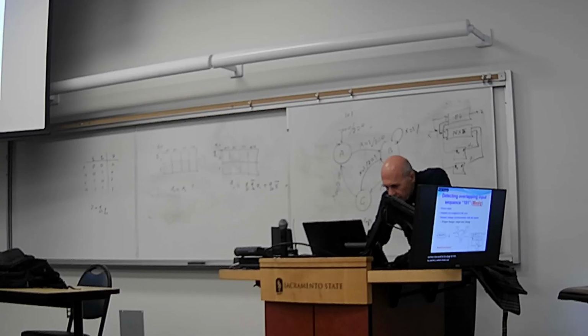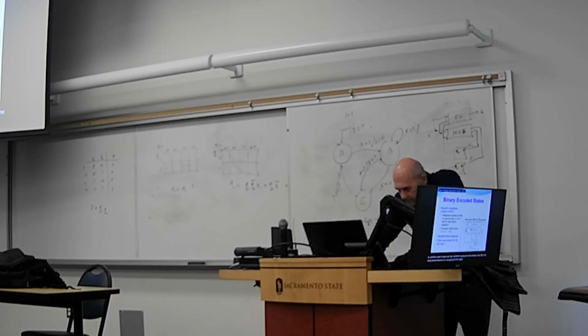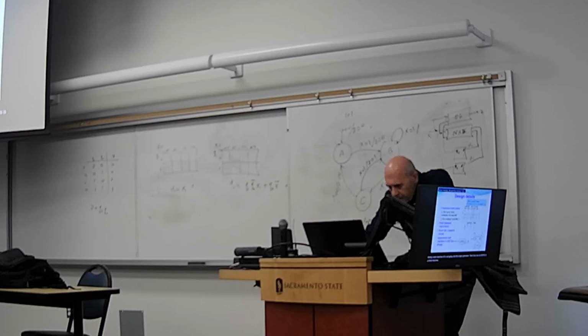You see that X is going over here, whereas in the Moore machine, X is not going into the output generator. That's how you can tell this is a Moore machine. And the design pretty much is the same.